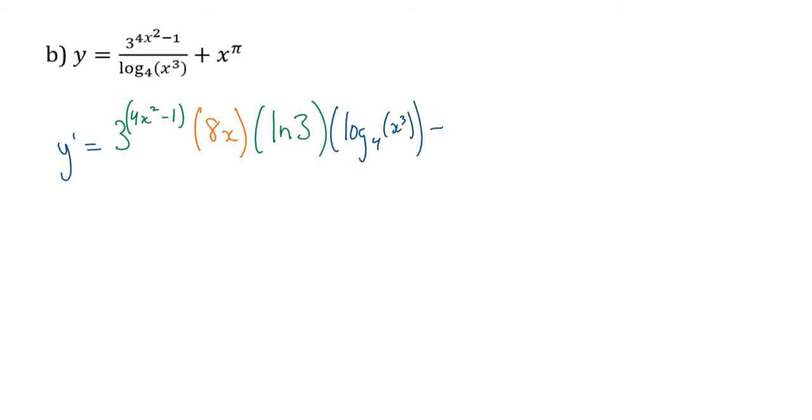minus, all of that was just the derivative of the top times the bottom, minus derivative of the bottom times the top. So this is going to be 1 over the argument, which is x cubed, times ln of 4, times the derivative of the argument, which is 3x squared, because it's x cubed, so 3x squared.